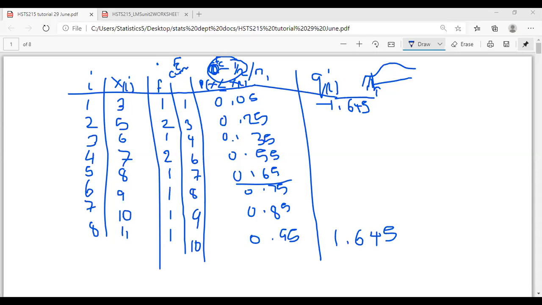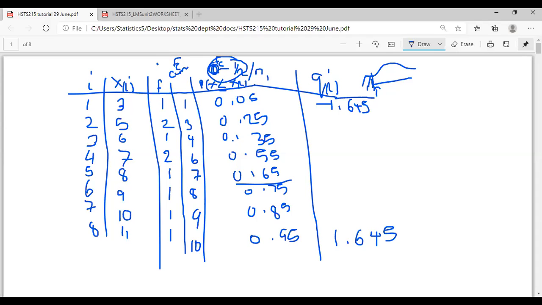Let me copy my values into Excel. The first one is 0.05. The next one was 0.25, 0.35, 0.45, 0.55, 0.65, I guess.